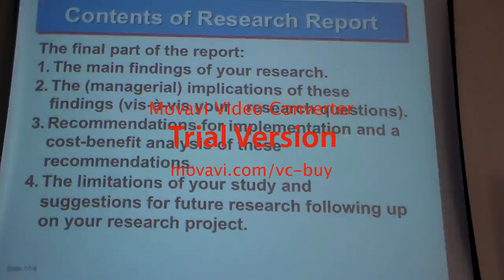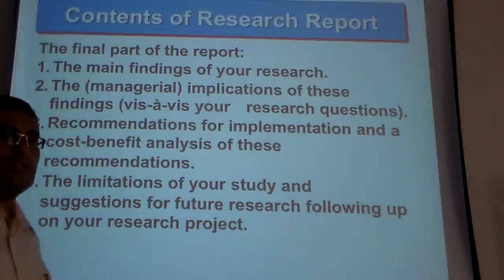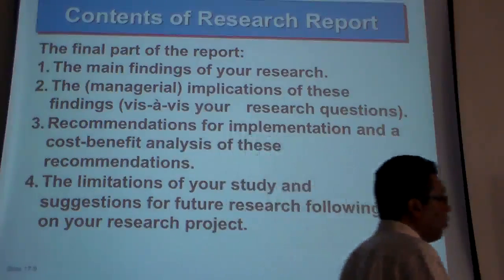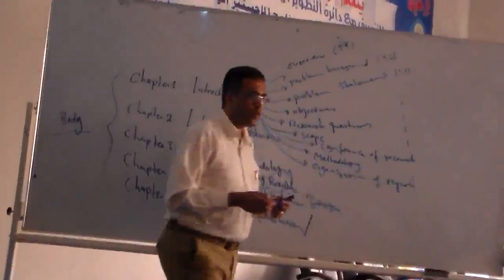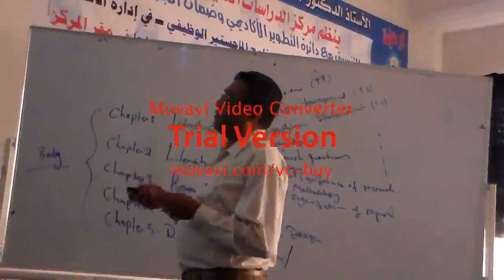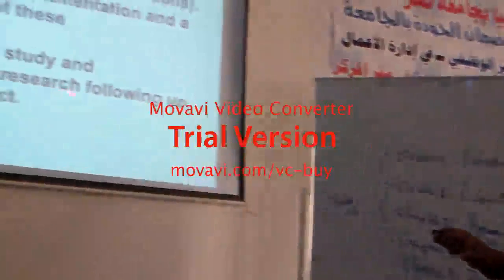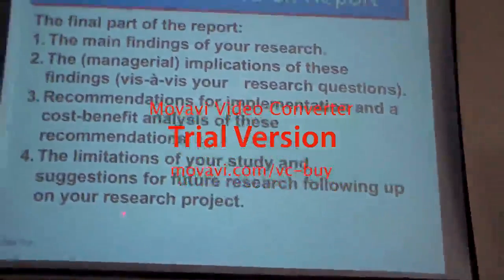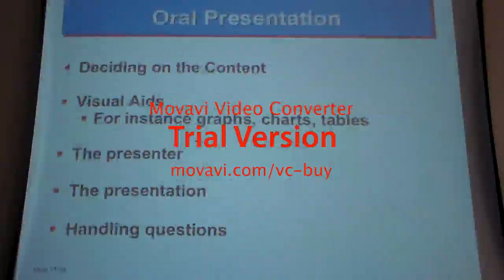Then recommendations for implementation and the cost-benefit analysis of these recommendations, which could be what we call future recommendation for future work. The limitations of your study and suggestions for future research following up on your research project.